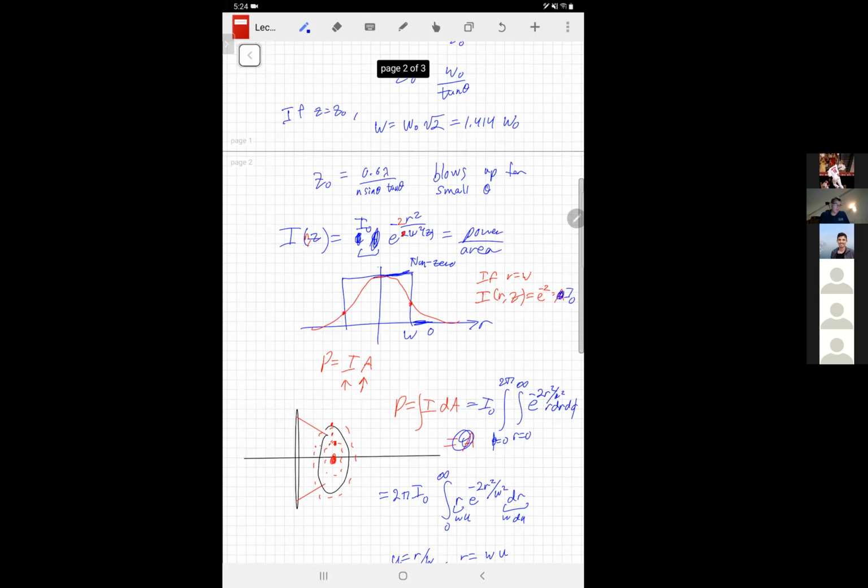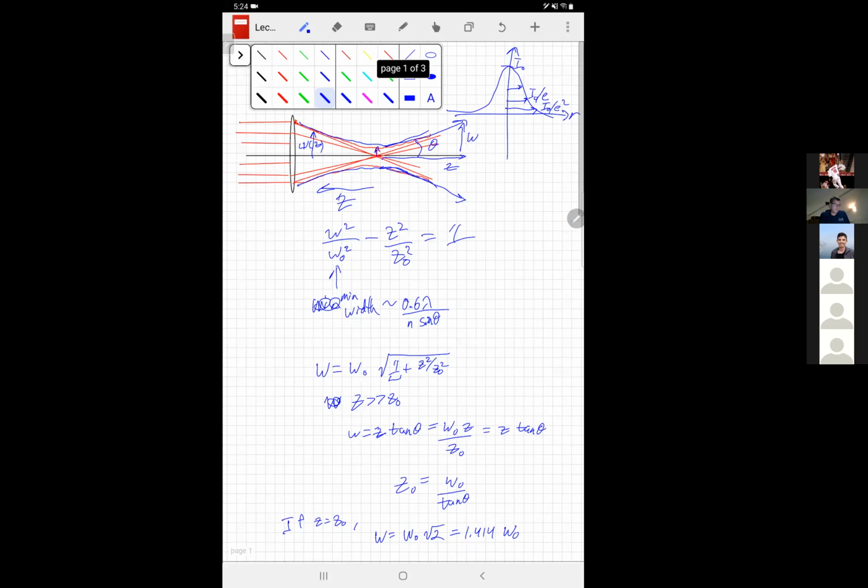The things to remember are that beams focus, but they don't focus perfectly because light is a wave. Far away from focus, we can use geometrical optics with reasonable accuracy. Near focus, we absolutely need to pay attention to the wave nature of light.